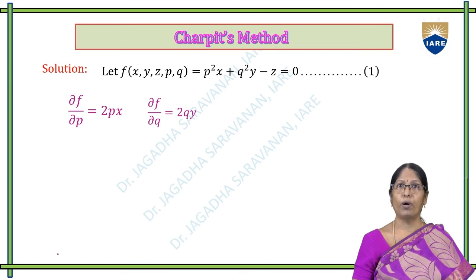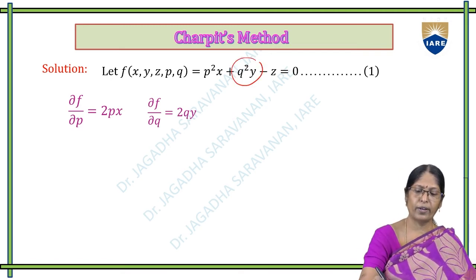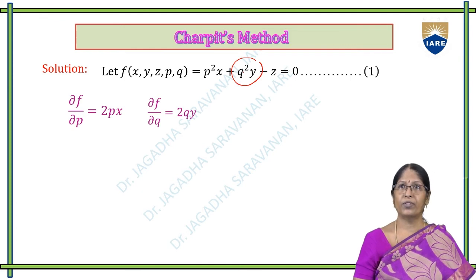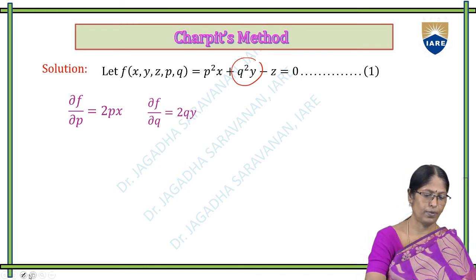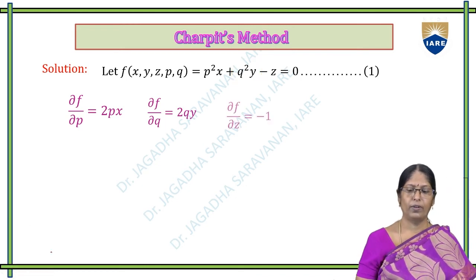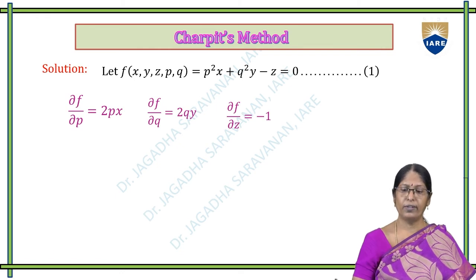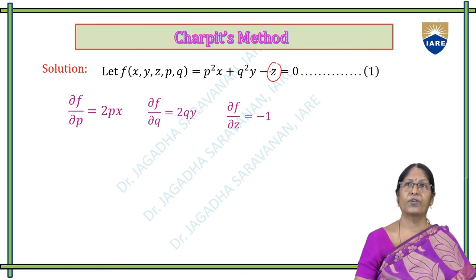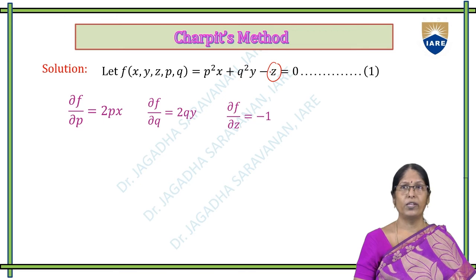Next, dou f by dou q. So here q square is there, q square differentiation is 2q, 2q into y. Dou f by dou z. Here the differentiation is 1, 1 into minus, minus 1.